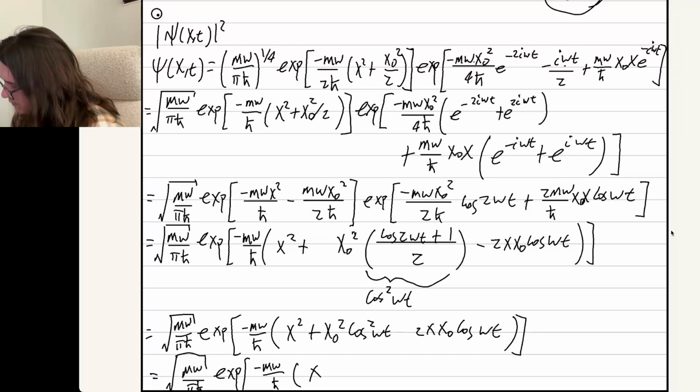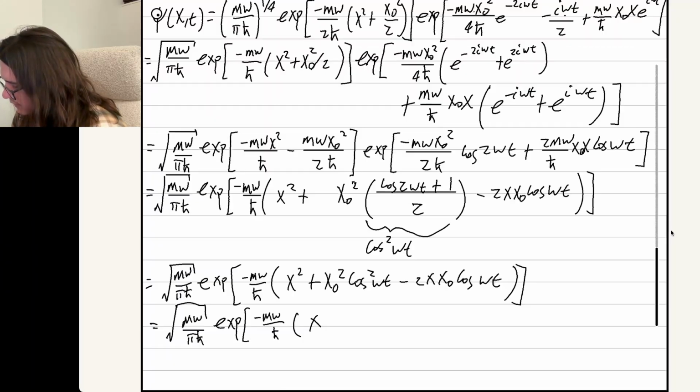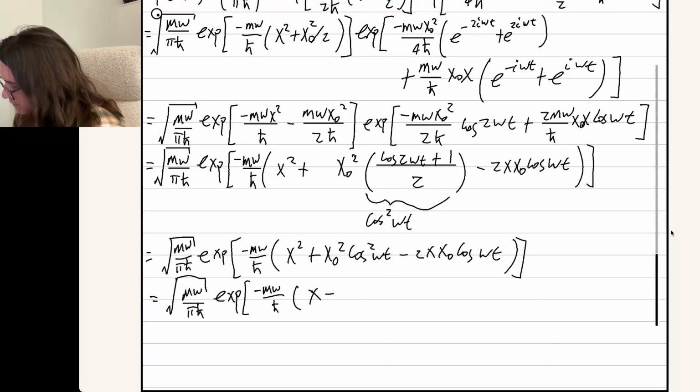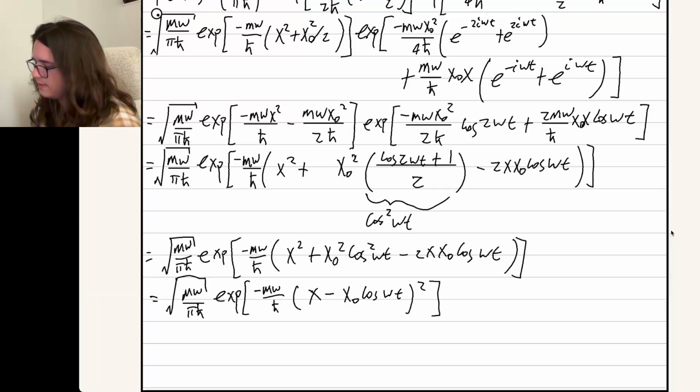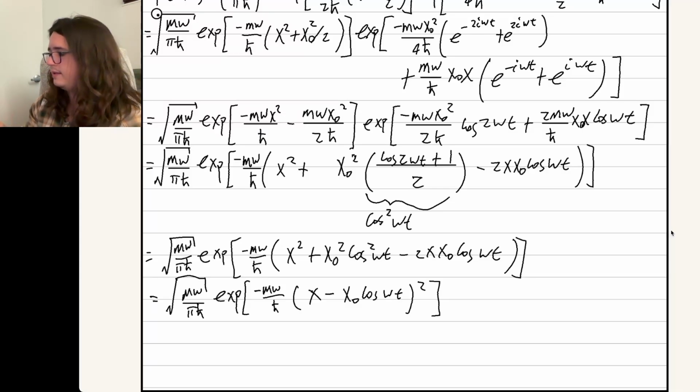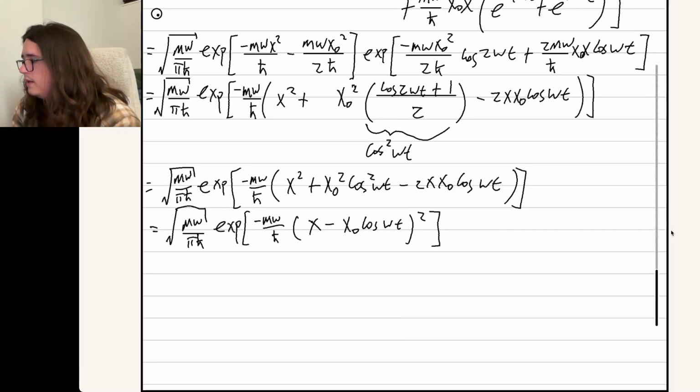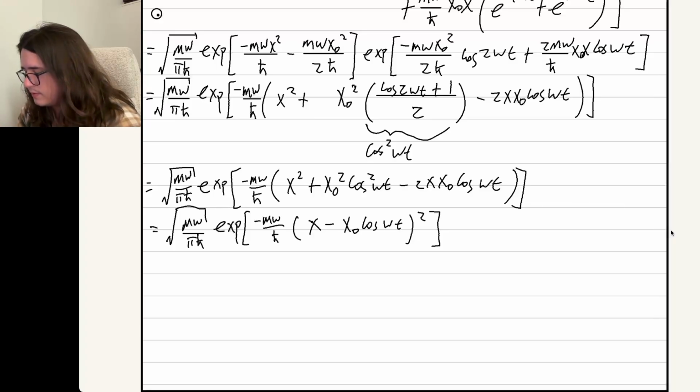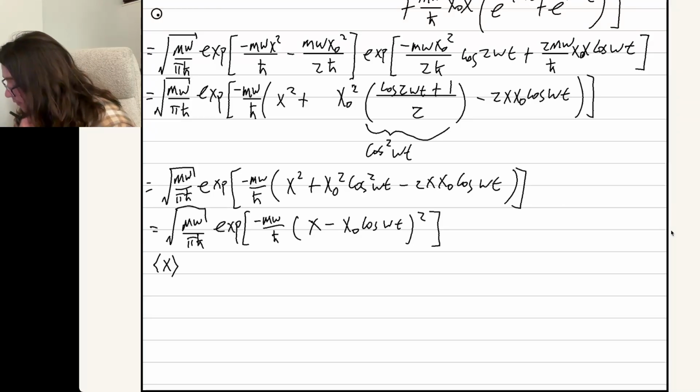So this is x minus x naught cosine omega t, squared. And you can leave it like that. So that's pretty cool. Now we can start looking at the expectation values of x, p, and potential. That's going to give us Ehrenfest's theorem.